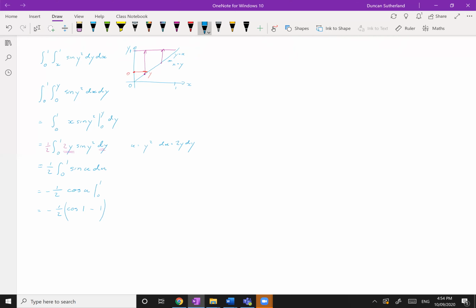This works, the region's a triangle, and we got a y term popping up here when we did our x integral. If that was a parabolic region, we'd get a y squared, and we wouldn't be able to do the substitution. So these are quite rare and engineered examples in some way, but they do make an interesting little calculation.